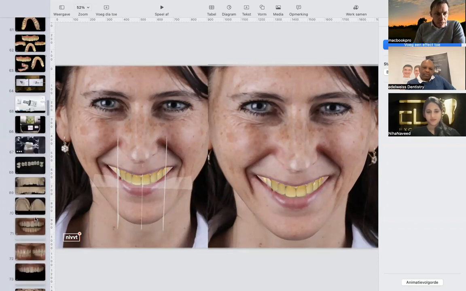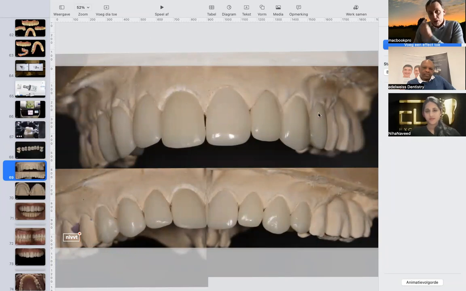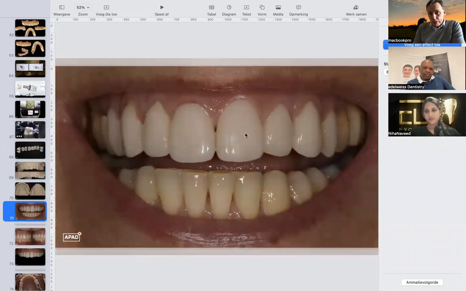And finally, if you go to the definitive results, here you see on the model that we did only a small crown lengthening on the 11, not on the other two, because these are the plaster models. If I would do a crown lengthening, you would have seen it also here, but I didn't do it there. Only on the 11 we did it a little bit. And then we see these results.